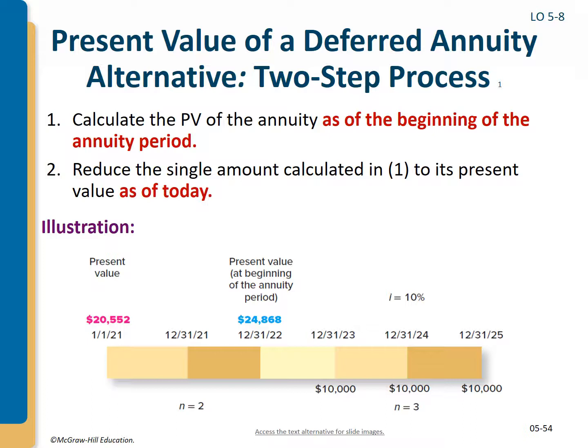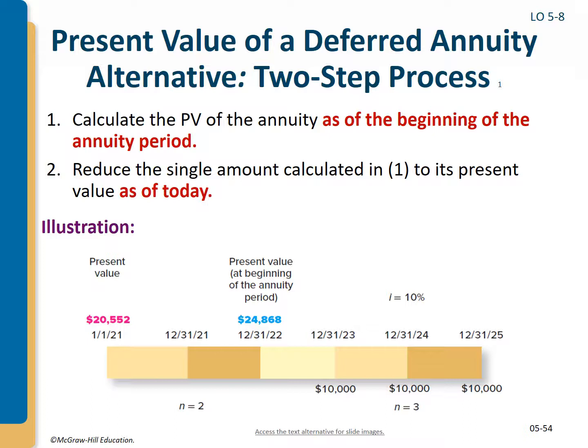See, there's no payments like there was in 2023, 24, 25 during the time period 1/1 of 21 to 12/31 of 22. We know a future amount, 24,868. How many periods is that for? 2, because there's 2 years from 1/1 of 21 to 1/1 of 23. What's the interest rate? 10%. So we want to go back to the present value of 1.